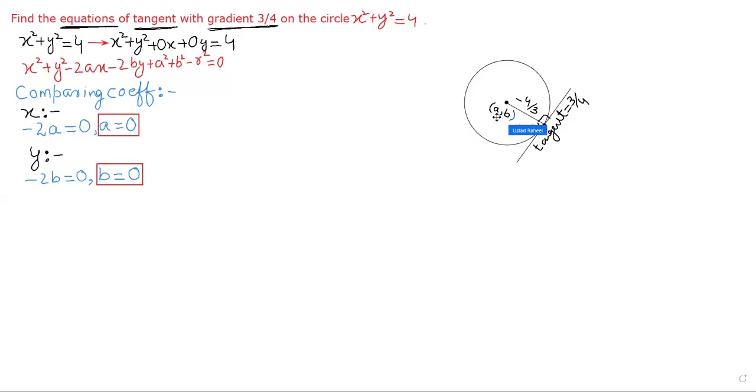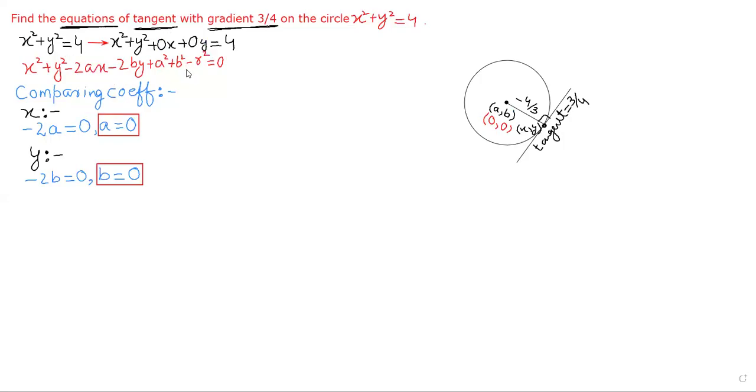The center over here, right? So the center coordinates are coming 0, 0. Okay.